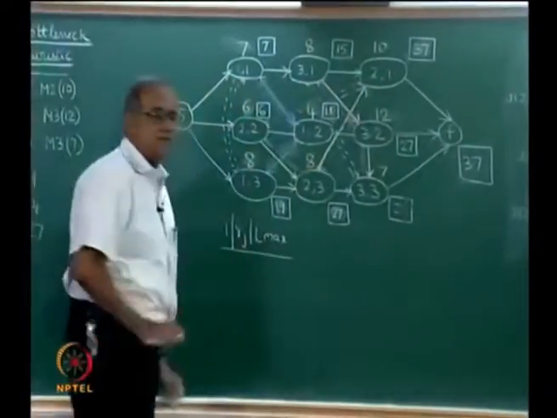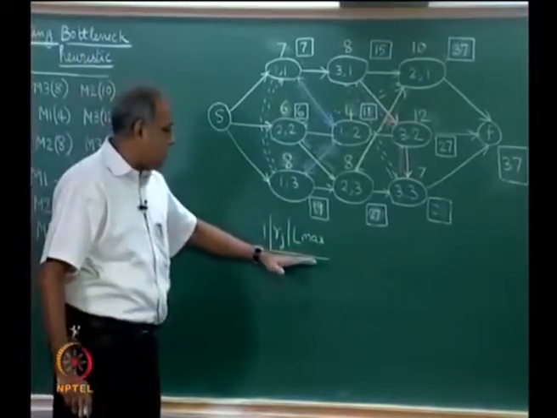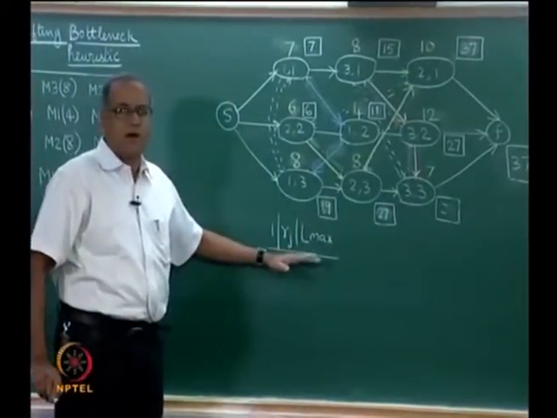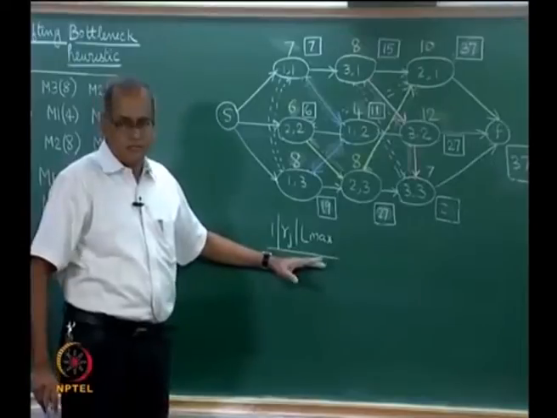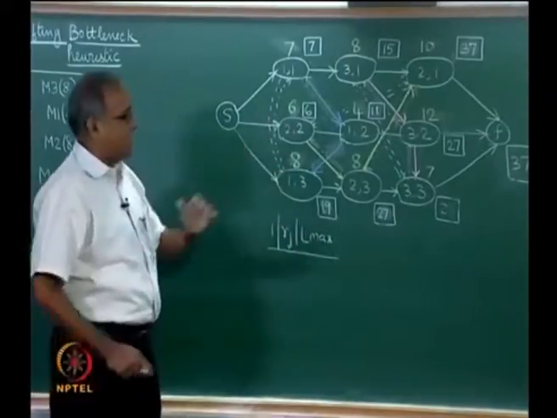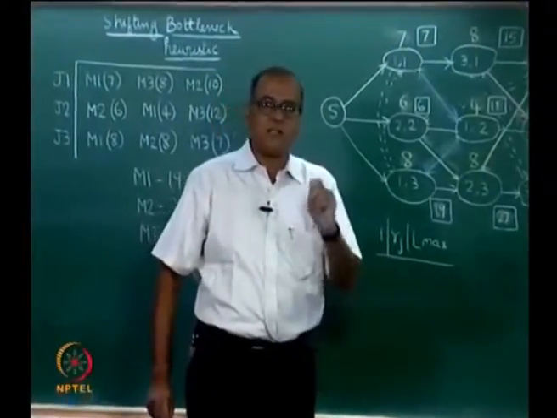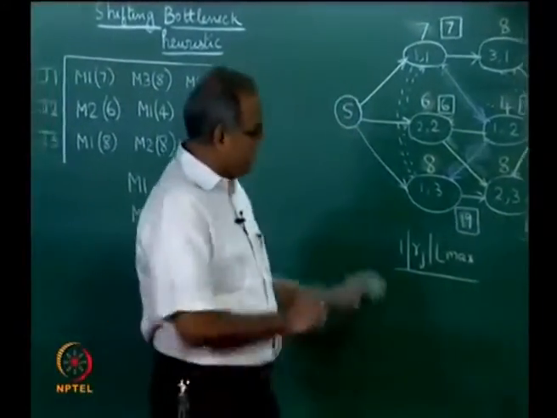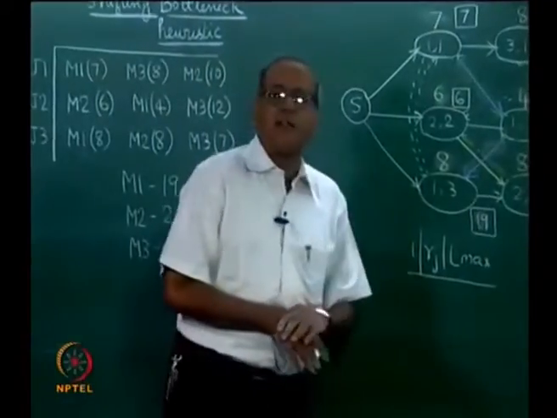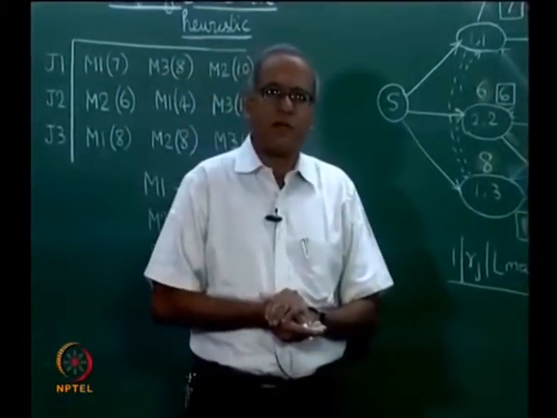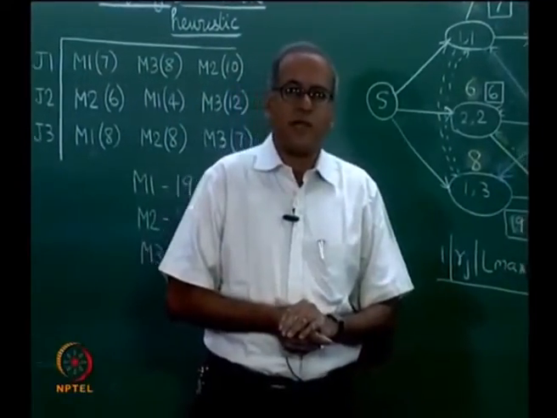Here the corresponding sequence is obtained by solving a 1 | rj | Lmax problem, or by solving an optimization problem. Therefore, it can give better solutions than using a single dispatching rule. So, this is effectively used to solve job shop scheduling problems to minimize makespan.